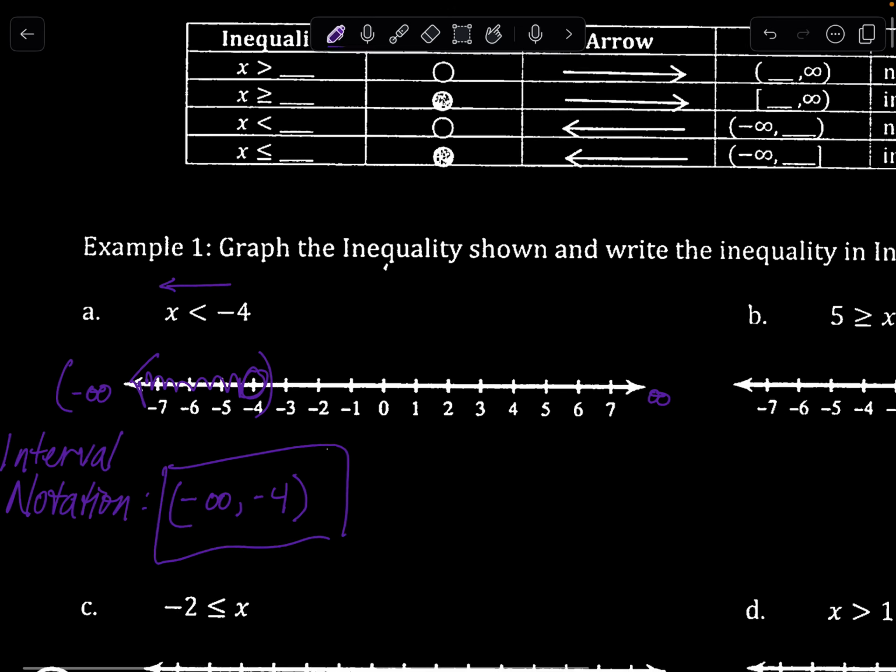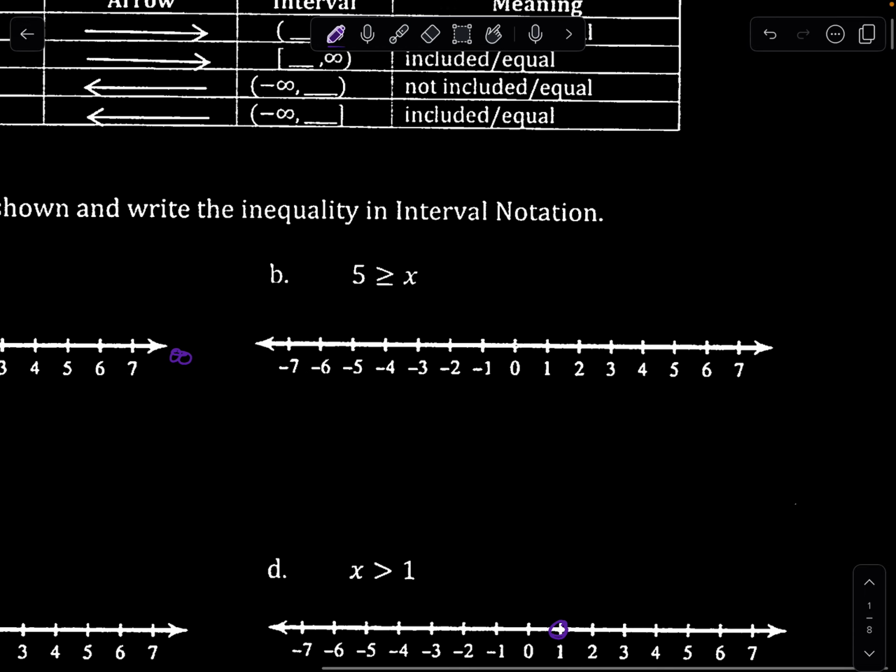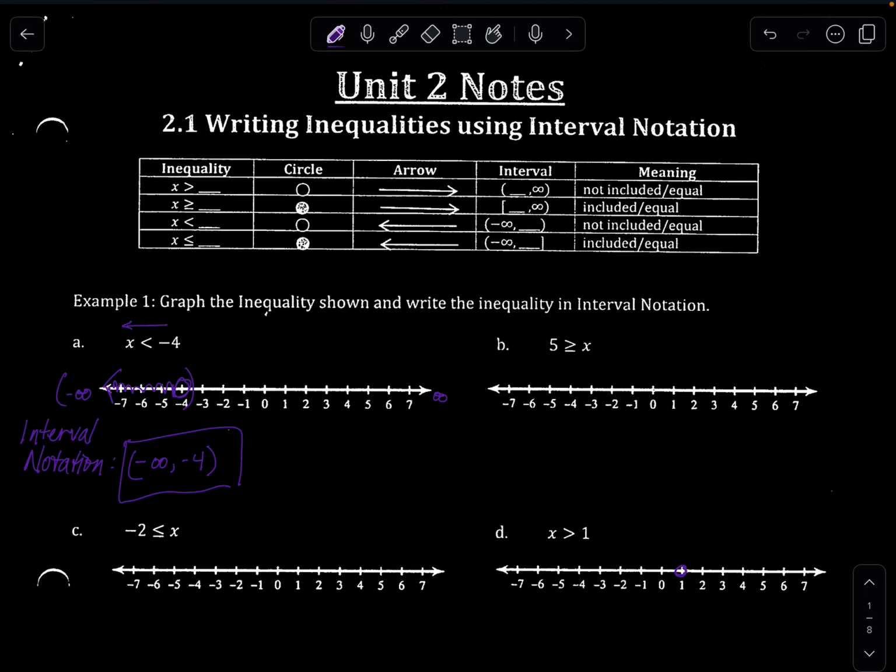Now, what I hope you notice here is on B. On A, what side do you see the variable on? On the left side. Here it's on the right. It's always important to make sure that your variable is going to be on the left side of your number.